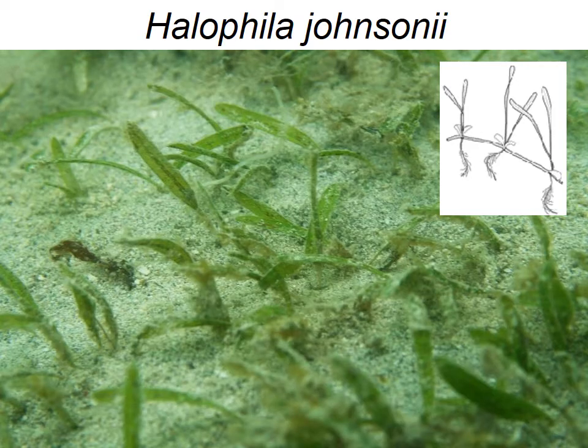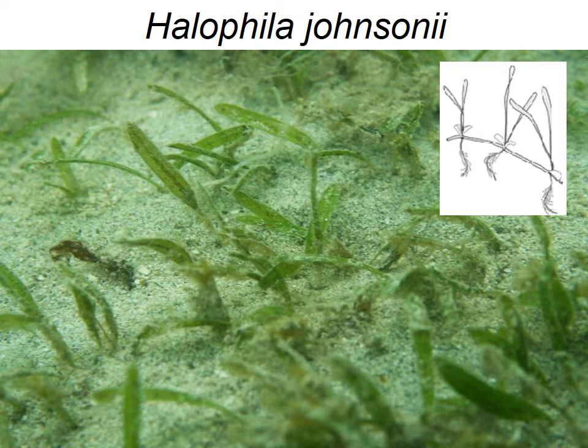This is a close relative of Halophila decipiens. It's called Halophila johnsonii, and the common name is Johnson seagrass. This is an interesting Florida species because it's only found in Florida and only found on the east coast of Florida in the southern part of the Indian River Lagoon estuary.